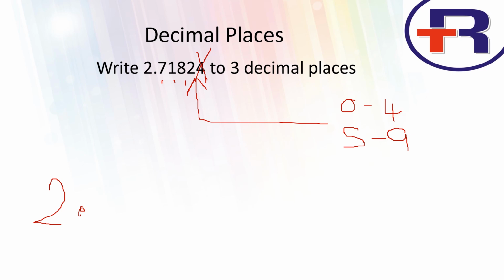So in this instance, the number stays as 2.718, purely and simply because the 4th decimal place is a 2, which falls in this category of 0 to 4. If that 4th decimal place would have been a 5, 6, 7, 8 or 9, then the answer would have become 2.719. That's the importance of decimal places.